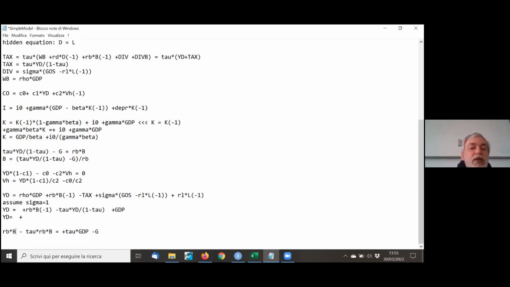And we have RB is multiplying B and 1 minus tau. So that B can also be expressed in terms of GDP. RB times 1 minus tau.